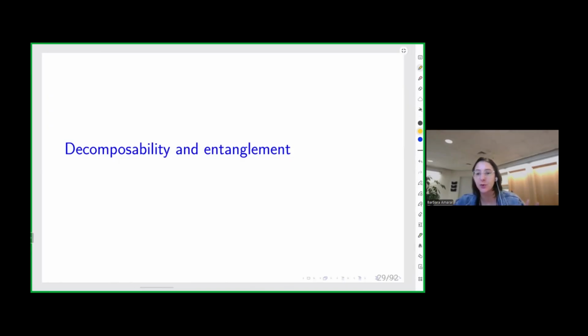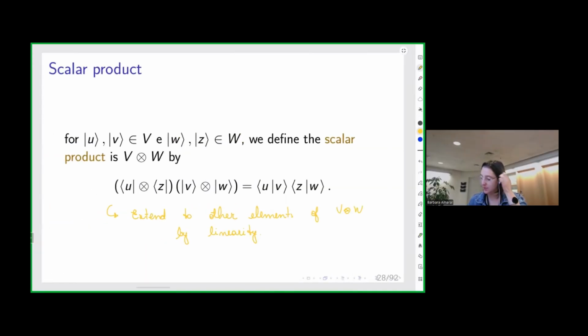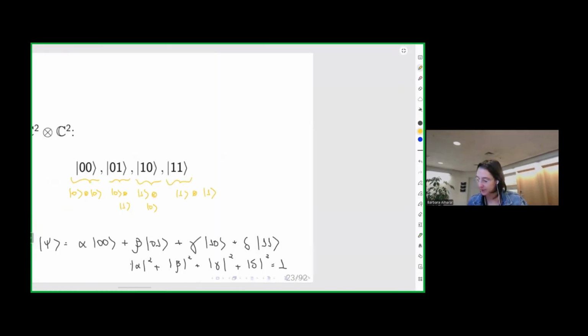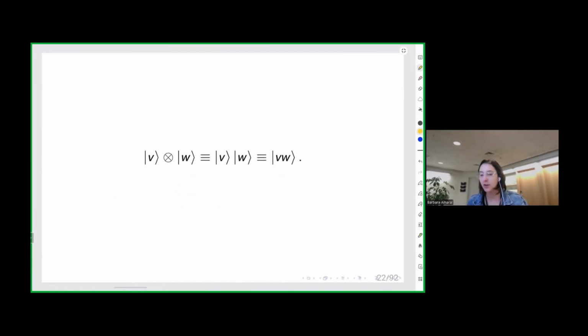Okay. Now we come to one of the most important definitions of our course, which is the definition of the decomposable vectors. And so we are all the time talking about tensor products of this type. Okay.